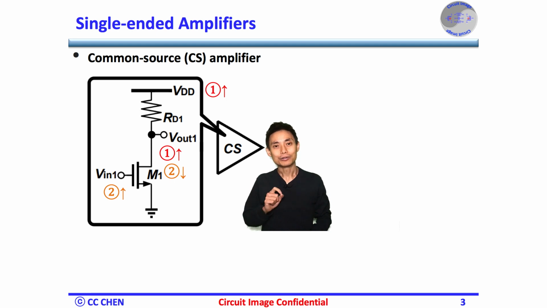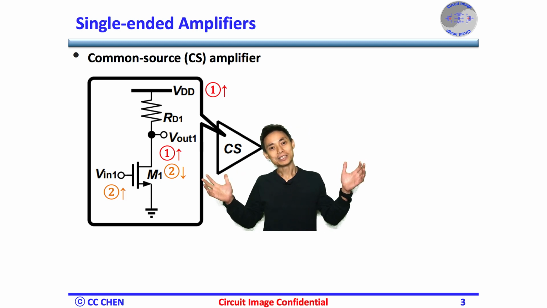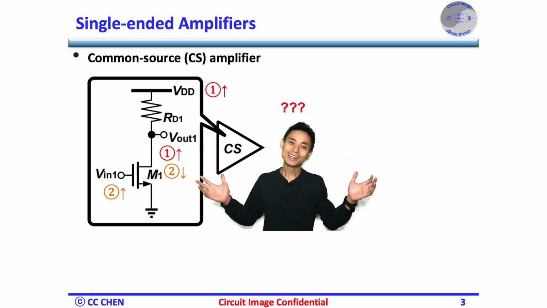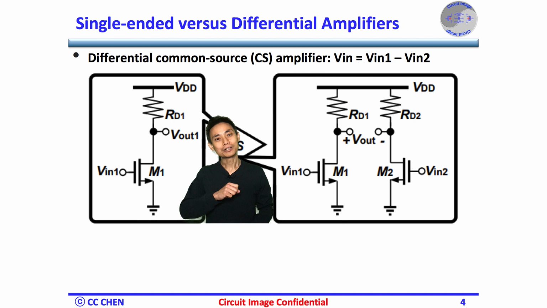Obviously, we've known the output noise of the differential-ended amplifier could be much less sensitive to the supply noise and common mode noise or interference. How can we convert a single-ended common source amplifier to a differential amplifier? Bingo!